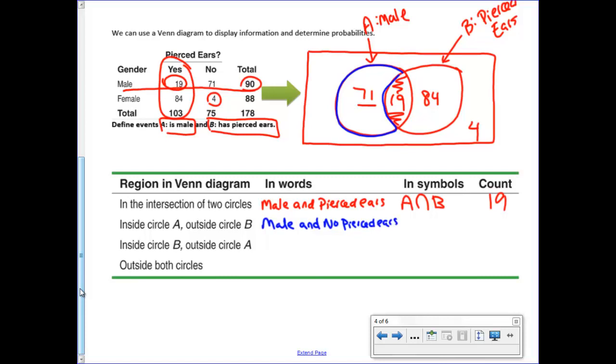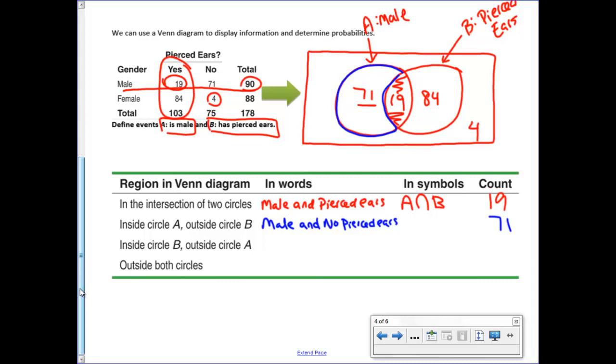They're male and they do not have pierced ears. And real quick, we look at that and we see there's 71 people there.